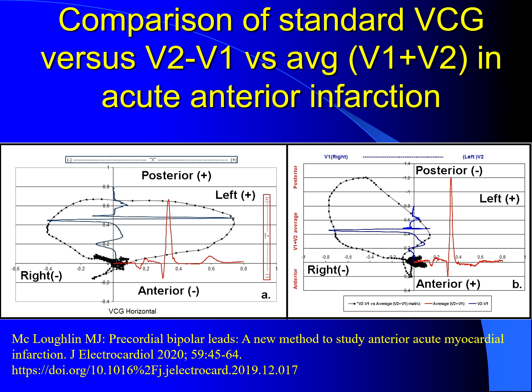As we will see later, an anterior infarction can present 3 patterns in the transverse retrosternal vectorcardiogram. Pattern 1 is a QS pattern. Pattern 2 is an initial pathological Q wave.